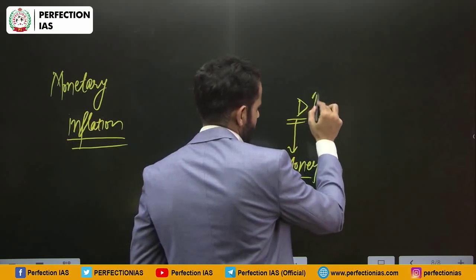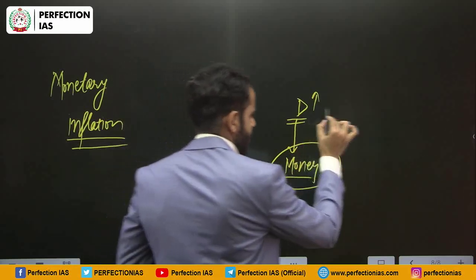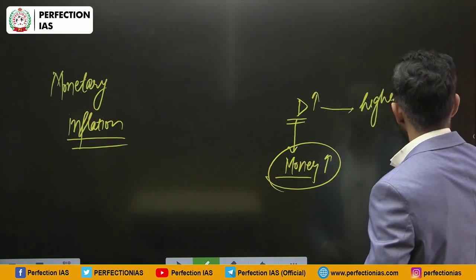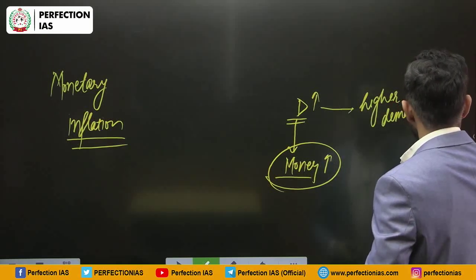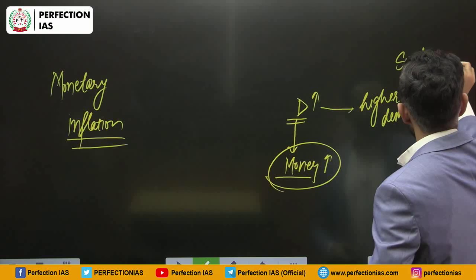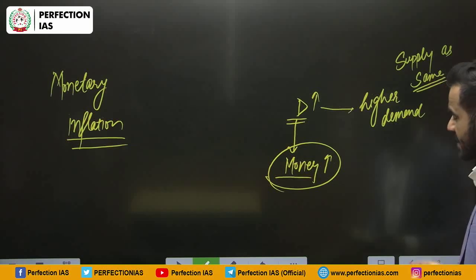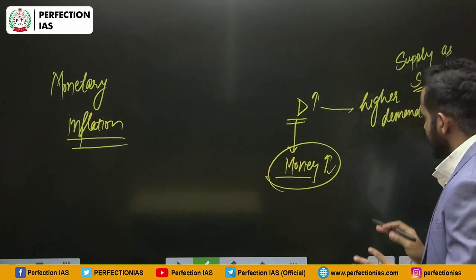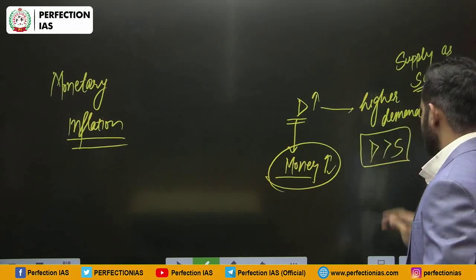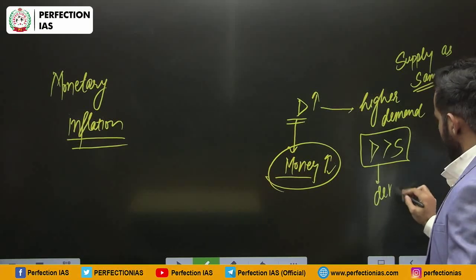So demand in the economy will increase if we have extra money or surplus money. Now in this situation, if we consider supply as same, supply is more or less same, but demand has increased because of higher money supply. That is going to create a problem. So this will lead to another situation of D is greater than S. Again, it will lead to demand pull.